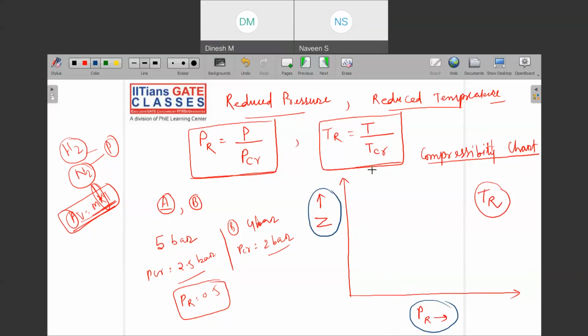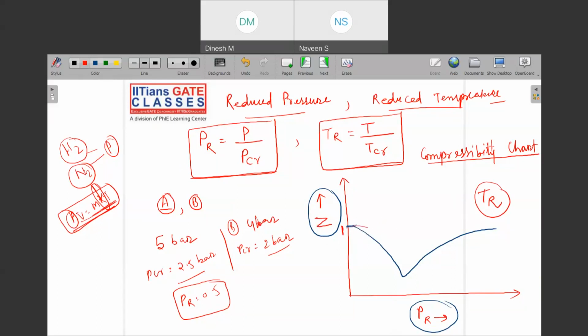In this compressibility chart you will be drawing constant TR lines. So how does it behave? The curve looks like this, these are your constant TR lines. If you are at ideal gas, then your Z value is 1. So you have started from this point and then your PR and TR.